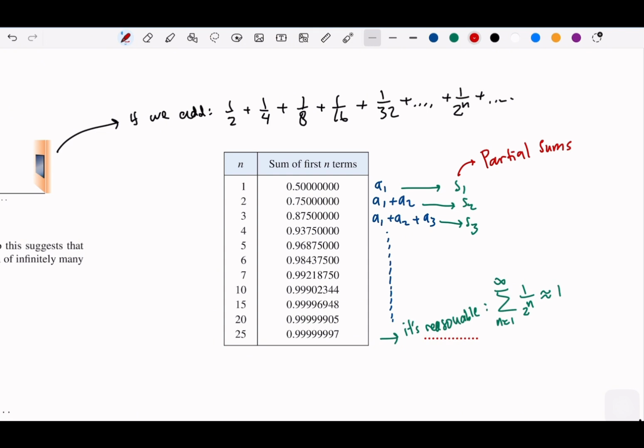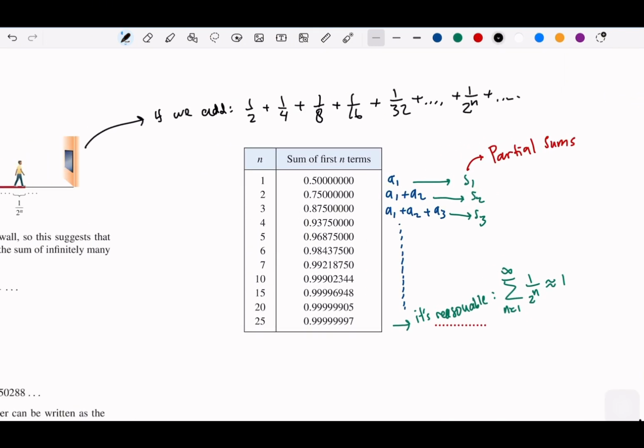So we're going to have Sn equal to a1 plus a2 plus dot dot dot plus an. Or we say Sn equals sigma, starting from i equal 1 until n, of ai.